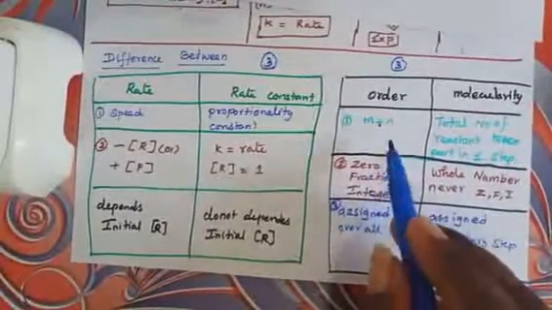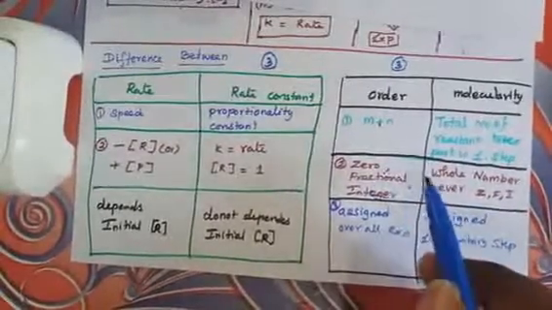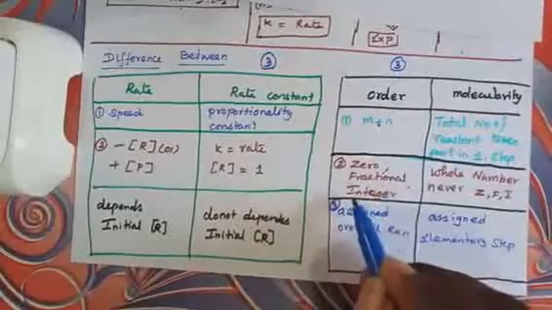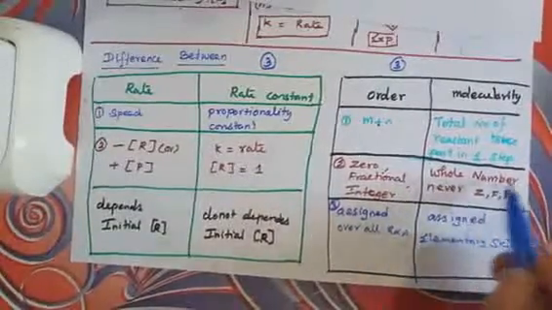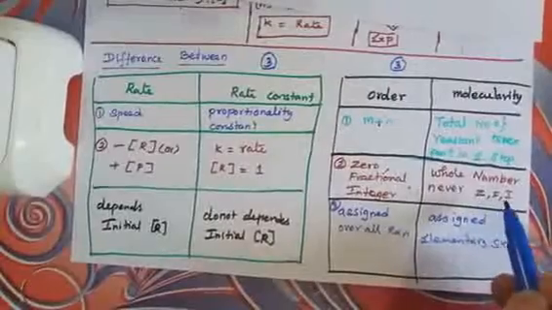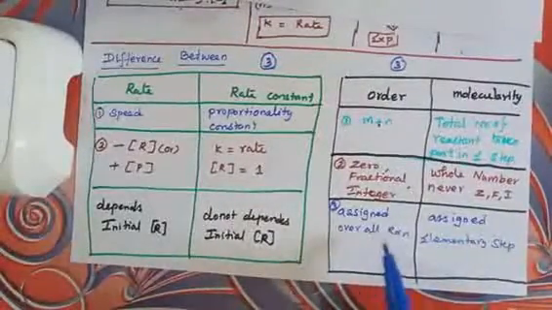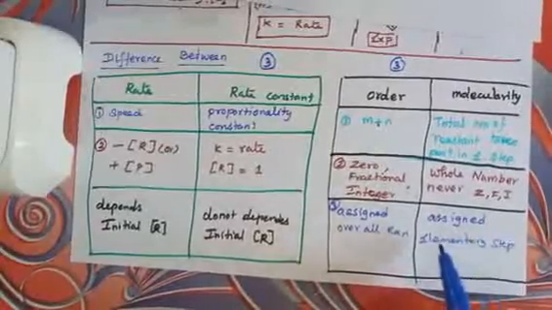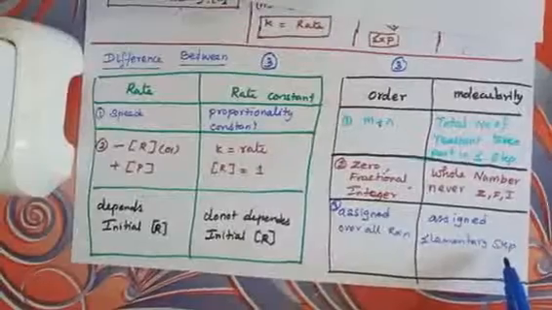Point number 2 of order: it can be 0, fractional or integer values, but molecularity is a whole number, never 0 or fractional. Order may be assigned to the overall reaction. In a similar way, molecularity is assigned to the elementary step of the reaction.